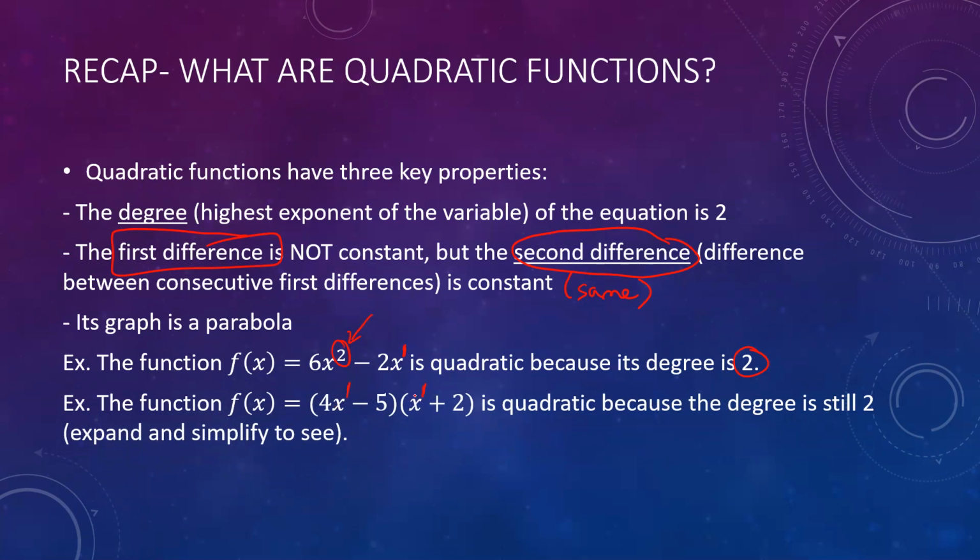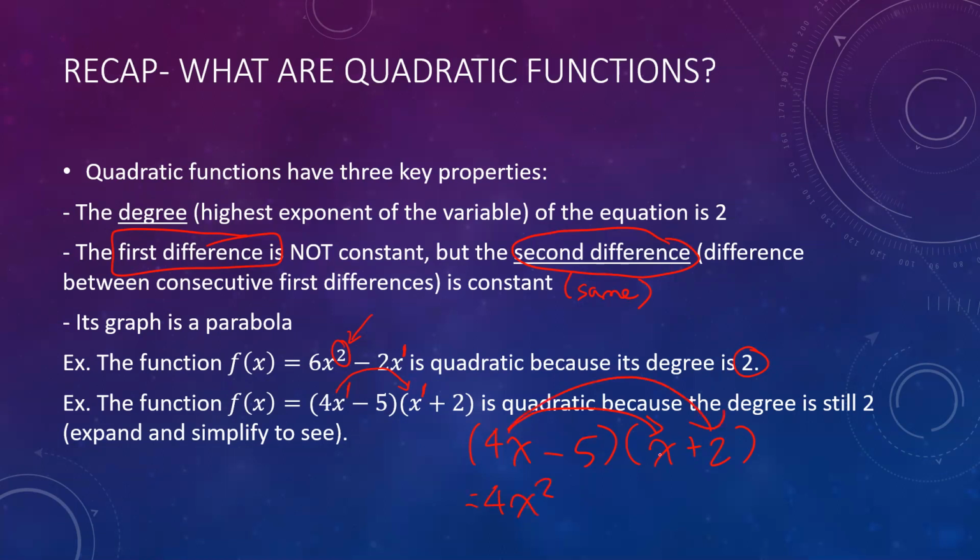But remember, it is actually quadratic because if we expand this out, going back to FOIL, and I'm actually not going to do it all the way, I just want to start it off, you will notice right away that if I expand this out here, I end up getting 4x squared. So I don't even need to complete this.